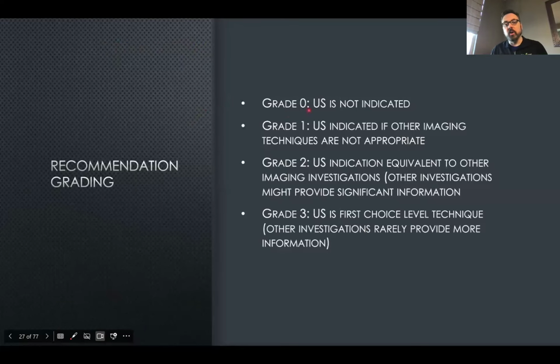Grade 0, ultrasound is not indicated, all the way through grade 3, where ultrasound is the first choice, because other investigations rarely provide more information. All this is based on a combination of the research that they find and their clinical expertise, having done this for a long time.